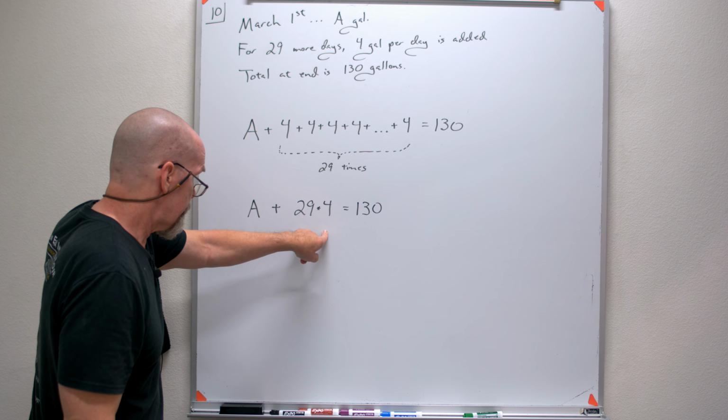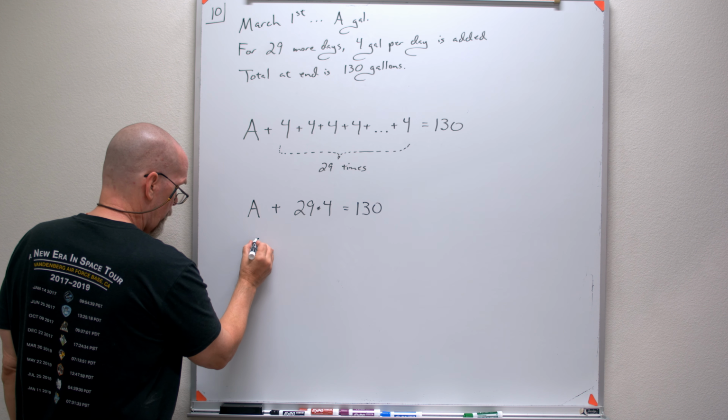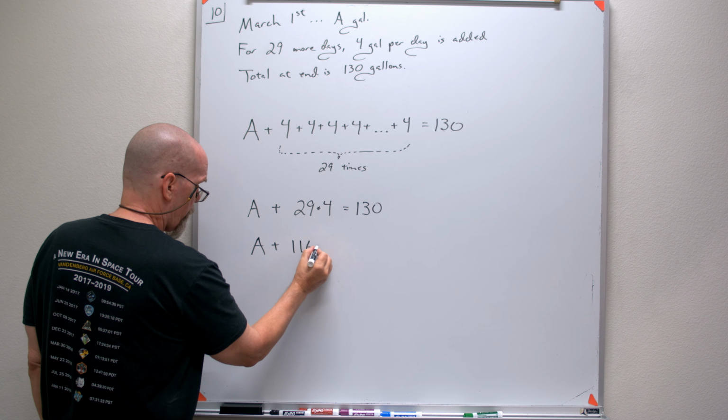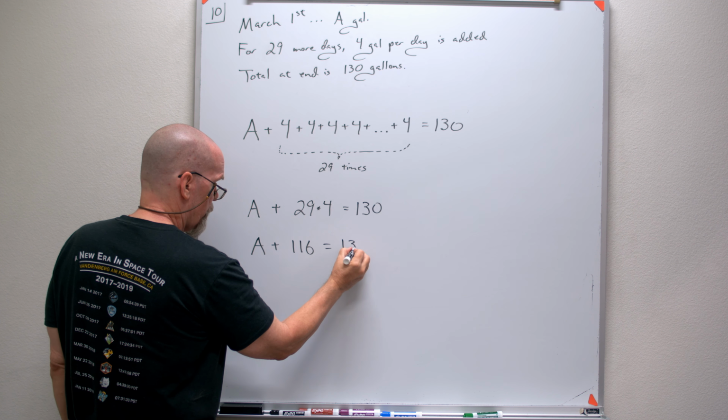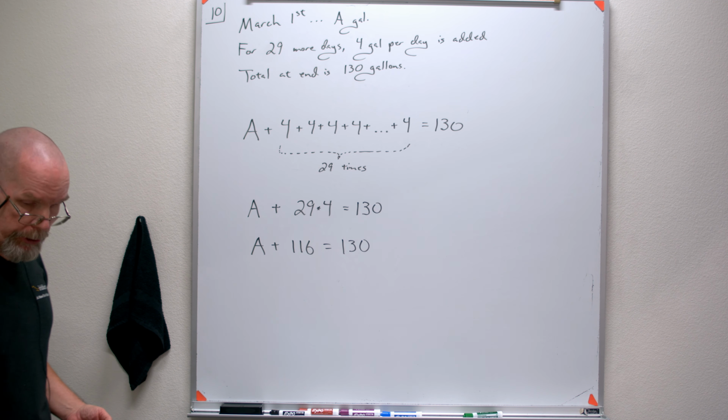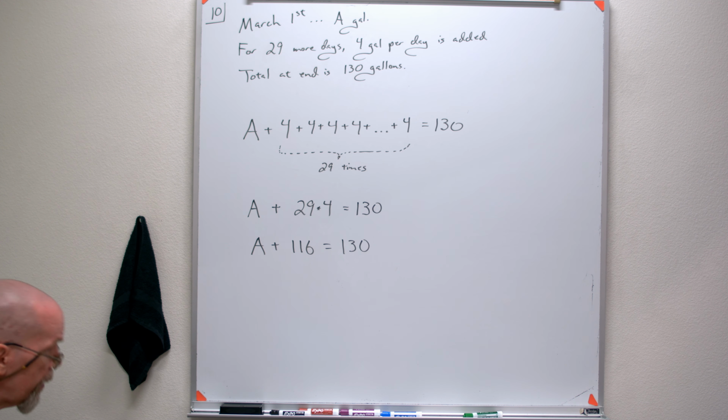This is 116. So if I solve this, I have this. Hopefully you don't need me to tell you that next step would be to subtract the 116 from both sides of the equal sign.